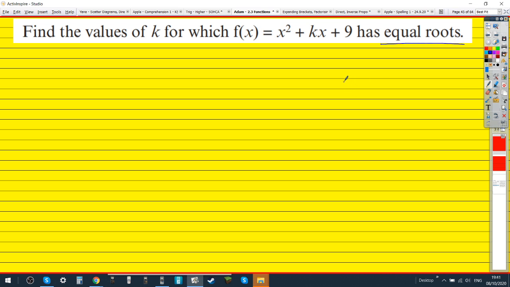Two numbers have to be the same. If it's about the number of roots, then it's the discriminant. What do you know about the discriminant if the equation has equal roots? It's greater than 0. That would be 2 roots. Oh, it's equal to 0. Yes.